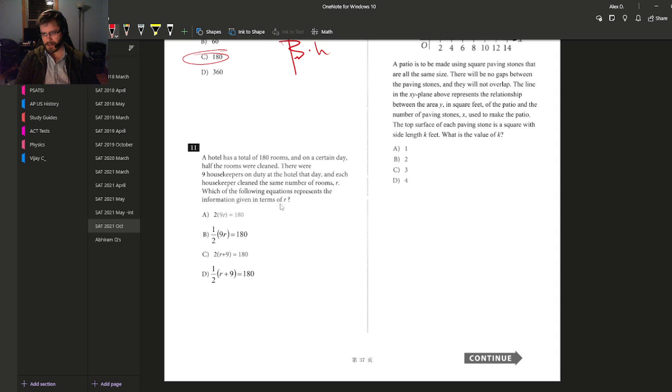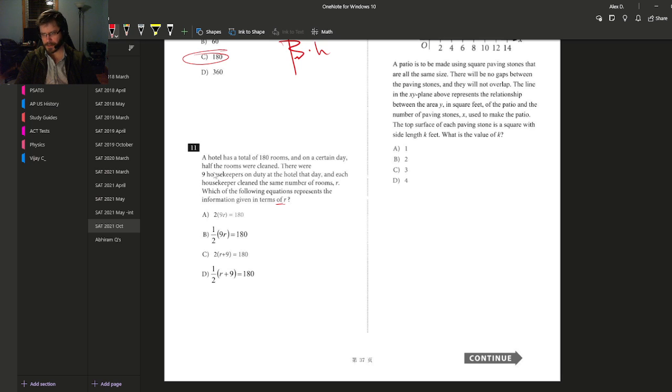Represent the information given in terms of r. Alright, so they just want you to build the equation. They're all linear functions. Some have a shift, whatever. 9 housekeepers on duty. Okay. What is r? That is the number of rooms that they had cleaned. 180 rooms.